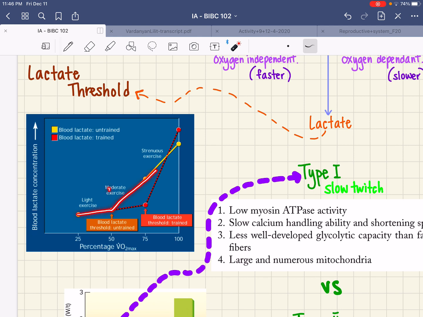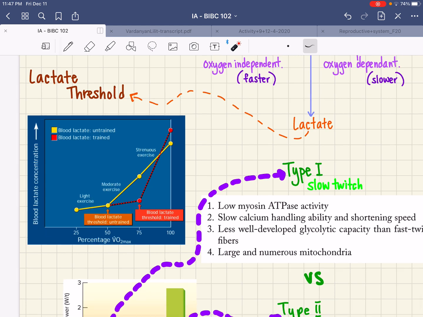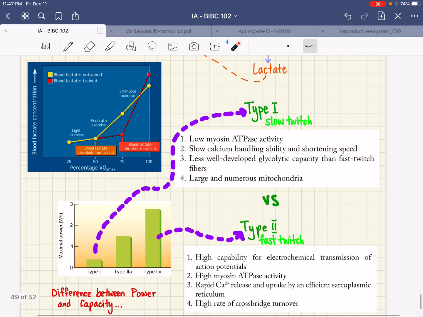Their lactate threshold comes at a much lower VO2 max, and the trained person's lactate threshold comes at a much higher VO2 max. Again, because they have trained so much, they have done this exercise so much, that their muscle cells are more ready to process lactate before it spills over into their blood. Okay, hopefully that topic made sense.